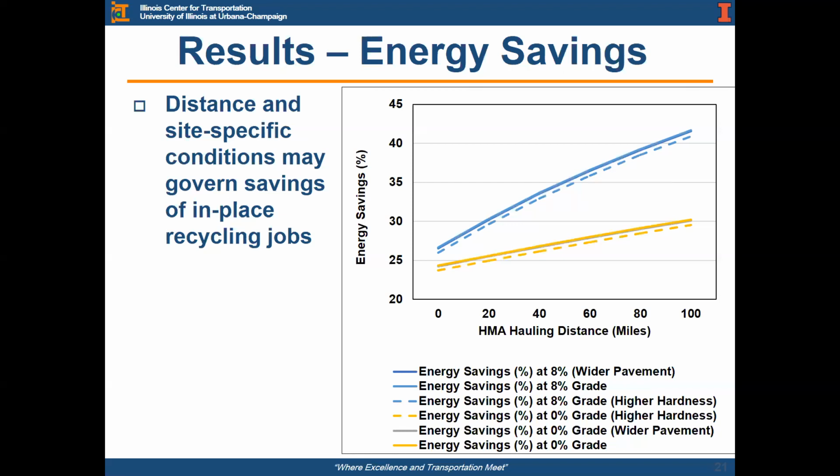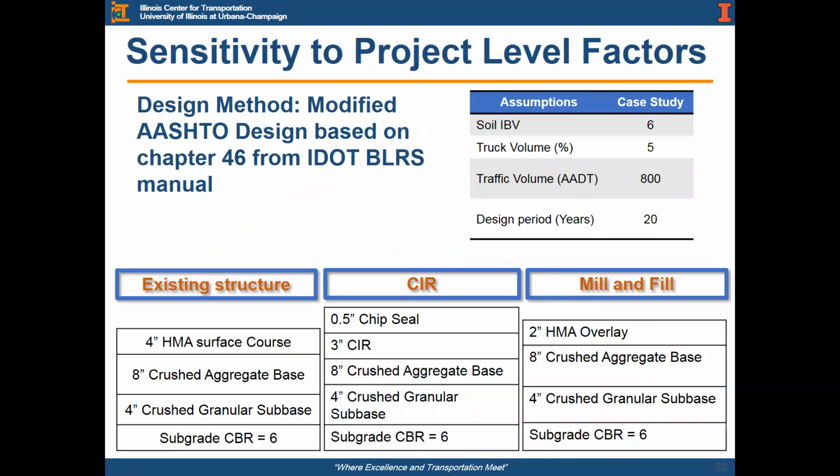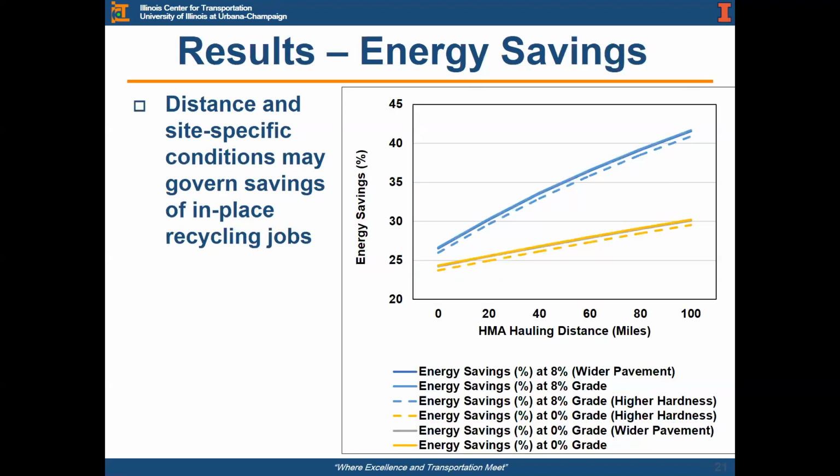And this is due to the fact that for the CIR treatment, for the design here, we have 3-inch CIR versus 2-inch HMA mill and fill. So for CIR, we have a deeper thickness to mill, and the milling efficiency is very related to the hardness factor.